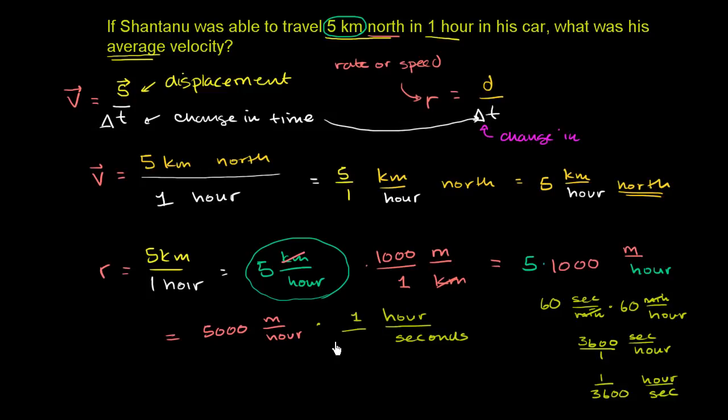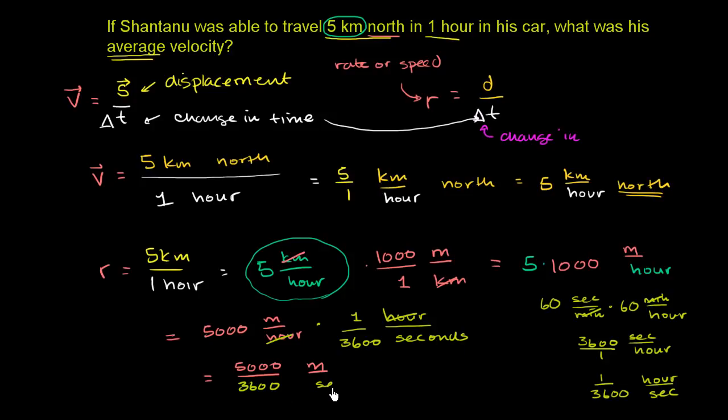So 1 hour is the same thing as 3,600 seconds. And so now this hour cancels out with that hour. And then you multiply or appropriately divide the numbers right here. And you get 5,000 over 3,600 meters per, all you have left in the denominator here is second.